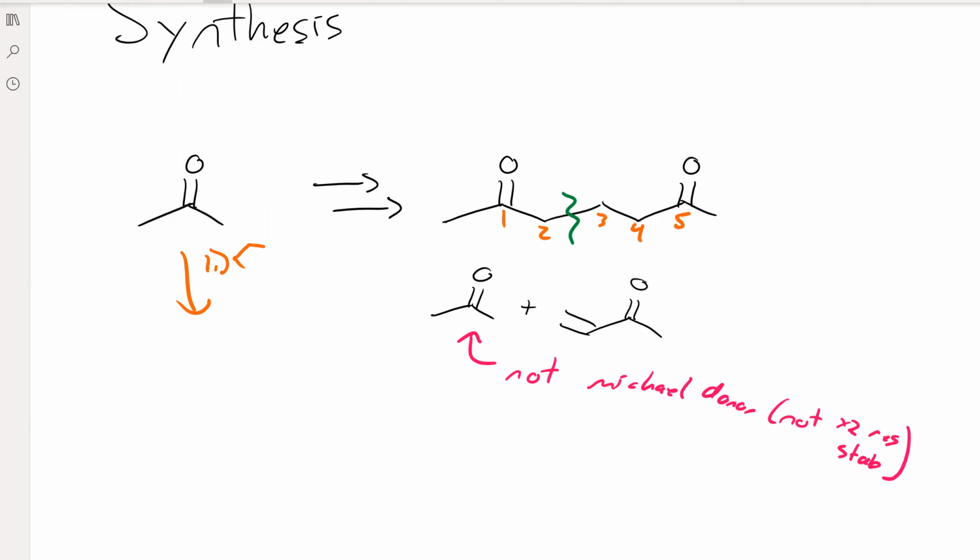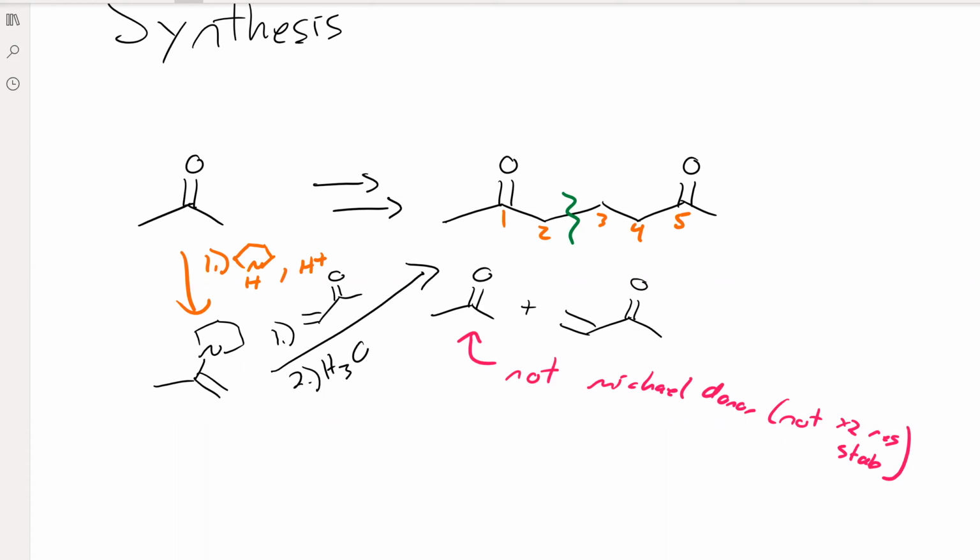So we'll have our amine with 2 R groups to form our enamine. And then that can go ahead and attack our alpha beta unsaturated carbonyl and do an aqueous workup, and you'll end up with the correct product.